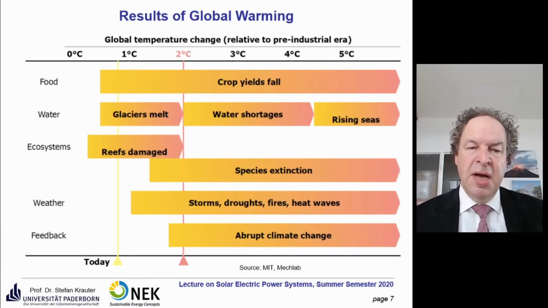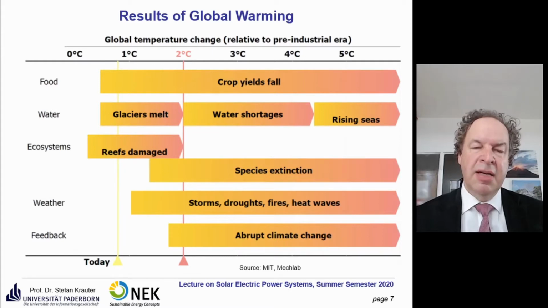So we see here a graph with some estimations by MIT, which sees 2 degrees as the Paris climate agreements. If we go beyond that, what will happen? What we already see now, even at lower effects, is that the crop yields fall, not so much in Germany, but if you go to Africa or to the United States and so on, we see already problems with the crop yields.